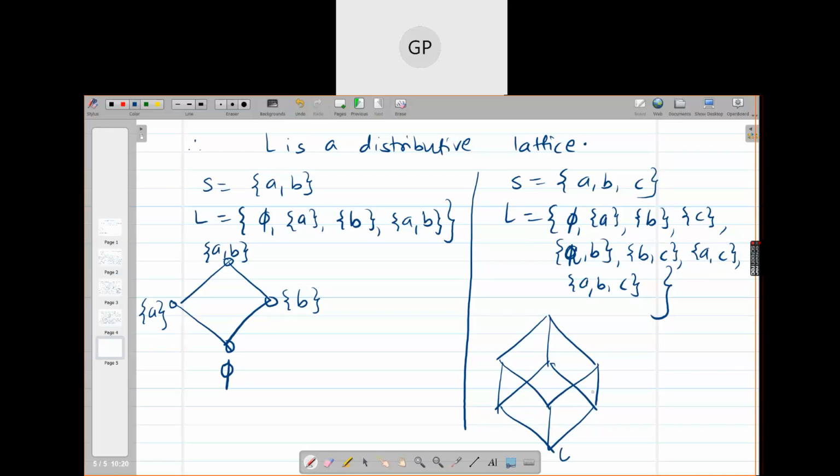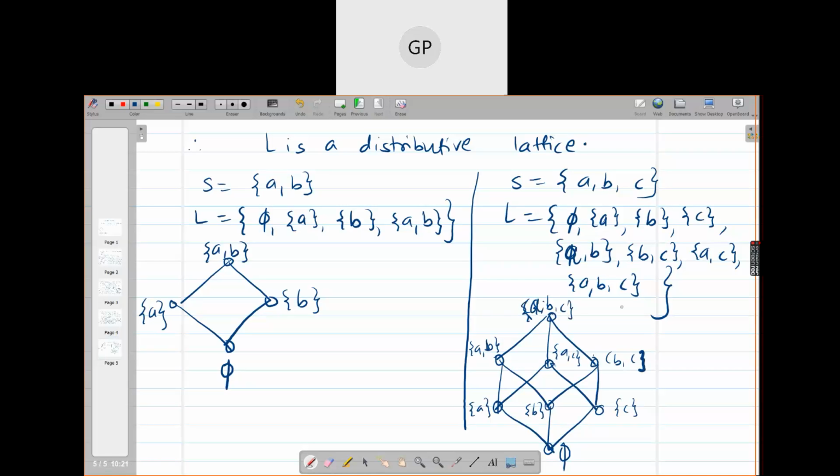So this is phi. Please denote the elements by small circles, because one should understand that this is a Hasse diagram. This is singleton A, singleton B, singleton C, this is AB, this is AC, this is BC, and this is ABC.